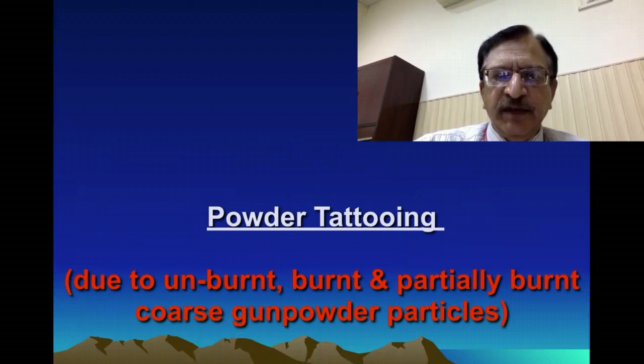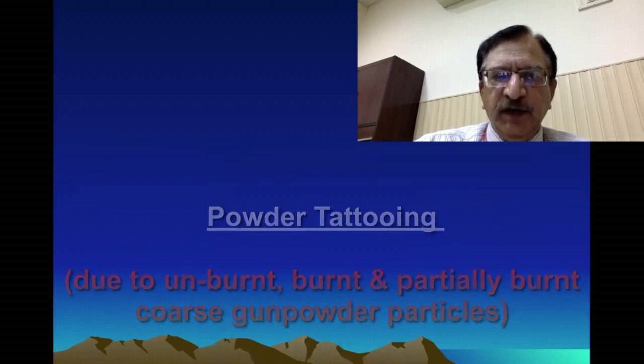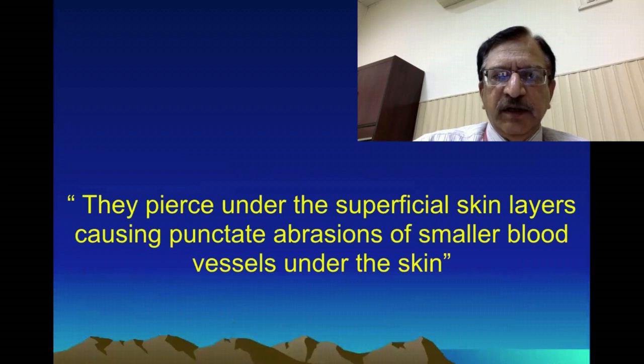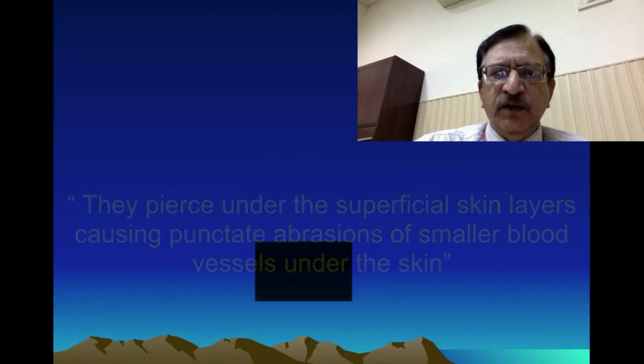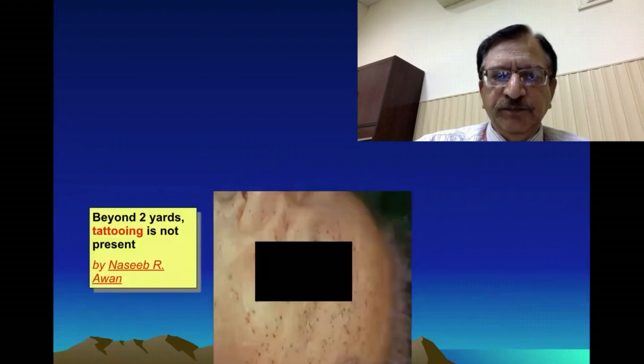It is produced by these coarse particles which are traveling along with the bullet. They pierce into the superficial skin layers and cause punctate abrasions, punctate or small hemorrhages of the small blood vessels, and that is called tattoo marks. This is how it appears.